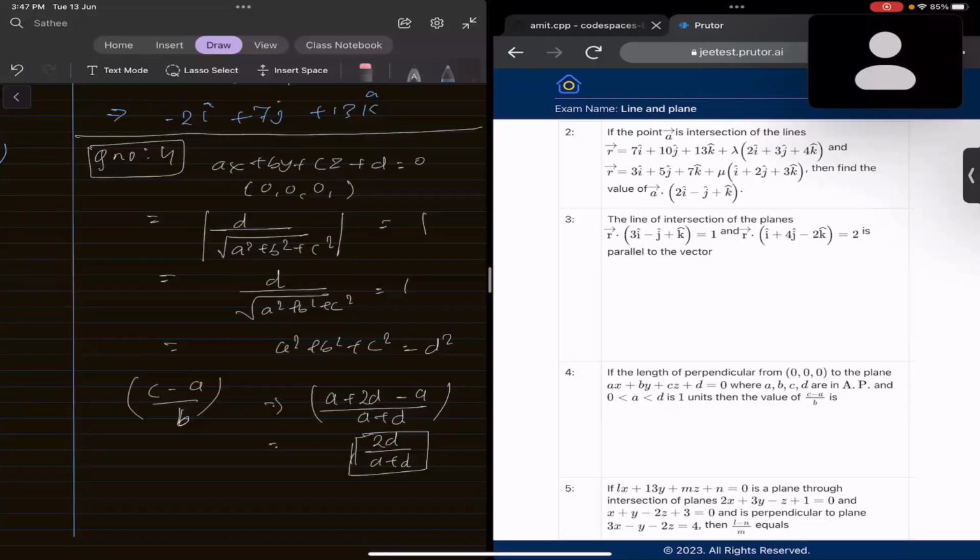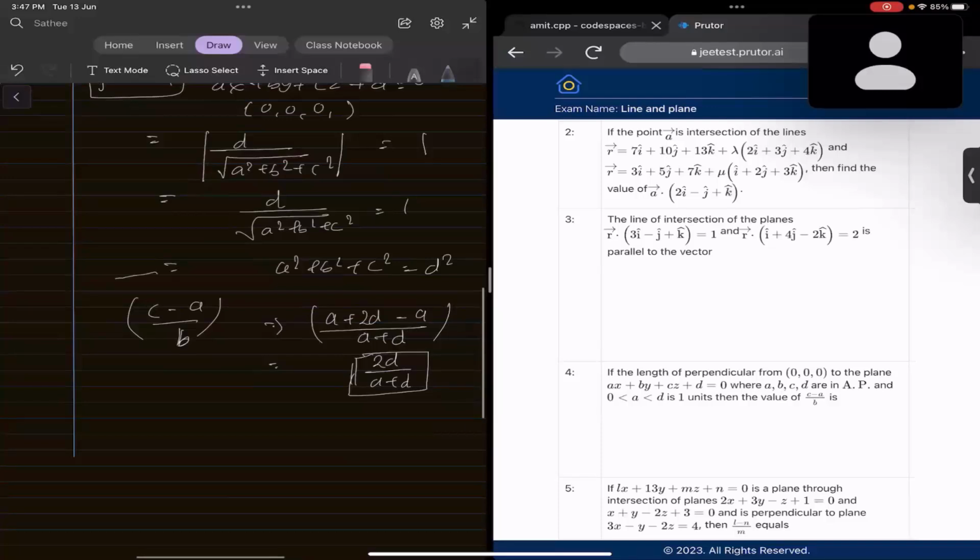So let's put in the expression: a square plus a plus d whole square plus a plus 2d whole square is equal to a plus 3d whole square.